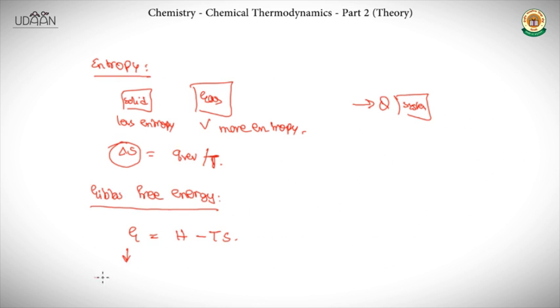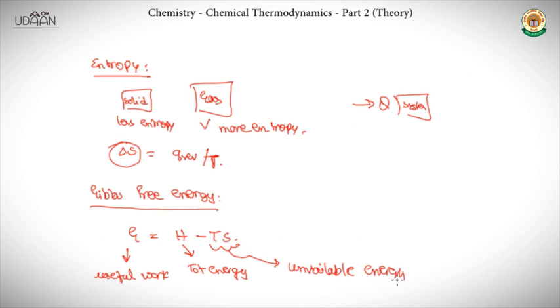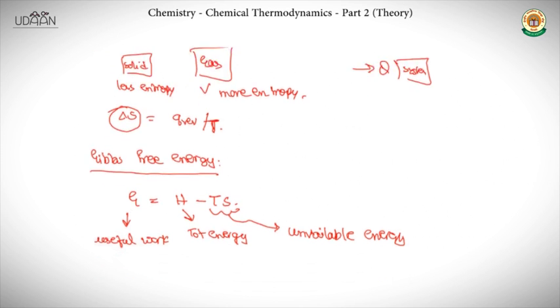So G is the useful work that can be done. H is enthalpy, in the sense total energy. TS we are subtracting, in the sense we can't use this energy. So we can use only H minus TS energy to do work. Minus TS implies that you're removing the random motion energy from the useful energy. So useful work equals total energy minus unavailable energy. This gives us Gibbs free energy.